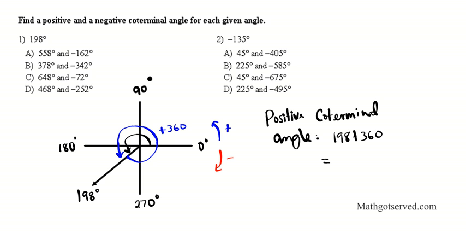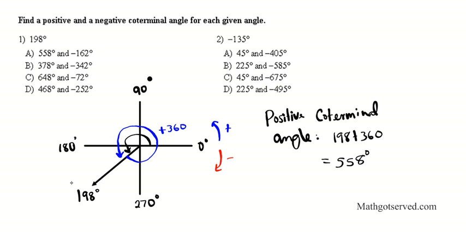If we add it up, we get 8, then 9 plus 6 is 15, 5 carry 1, and then 2 plus 3 is 5, so 558 degrees.